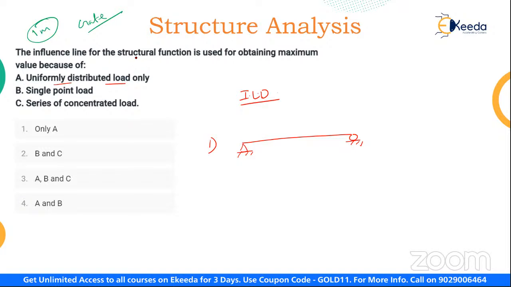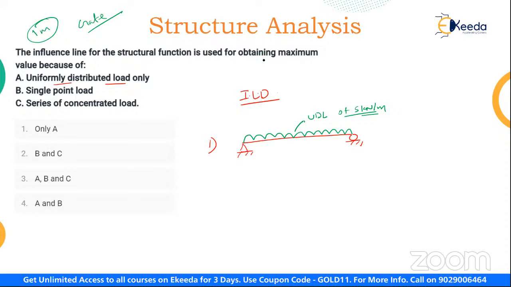Uniformly distributed load. So uniformly distributed load means what? The load will be applied, let us say, uniformly like this over the beam. So let us say this is UDL of 5 kilonewton per meter.